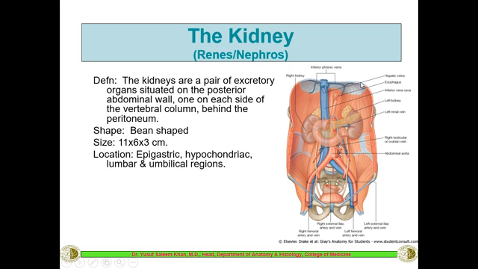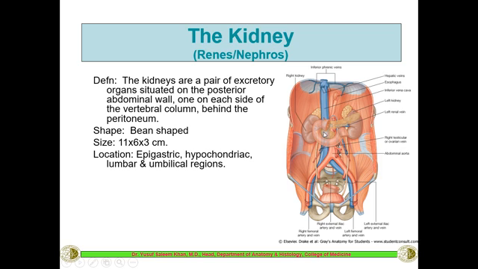occupying the left hypochondrium. Similarly, they will be also occupying the lumbar region. The right kidney will be occupying the right lumbar, and the left kidney will be occupying the left lumbar, and the lower pole as well as the medial part will be occupied by the umbilical region.